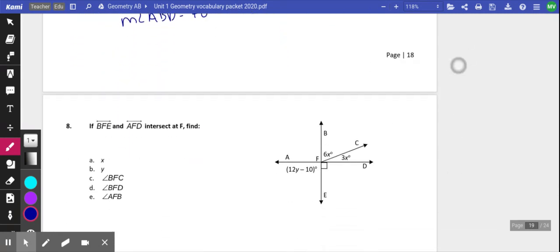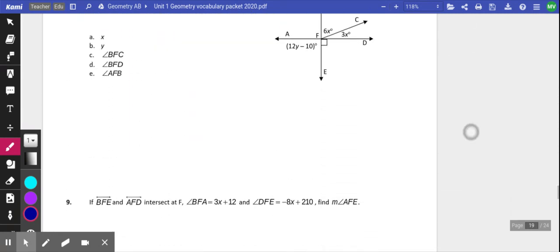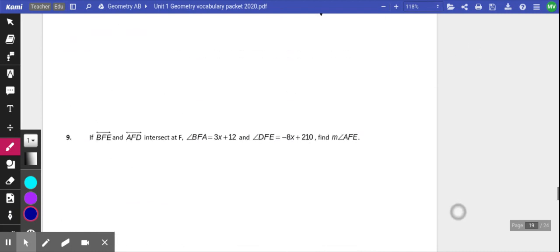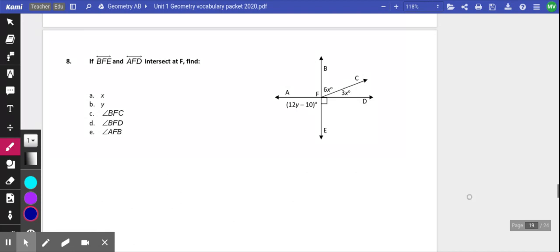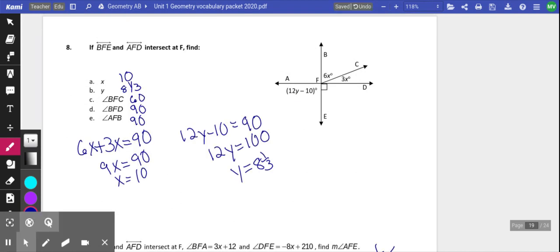So we have a couple more examples here to do. I want you to go ahead and try these and come back. I'm going to pause again while I do them. Okay, so our 2 examples that we had left here: angle DFE is a right angle. So that means that BE is perpendicular to AD.